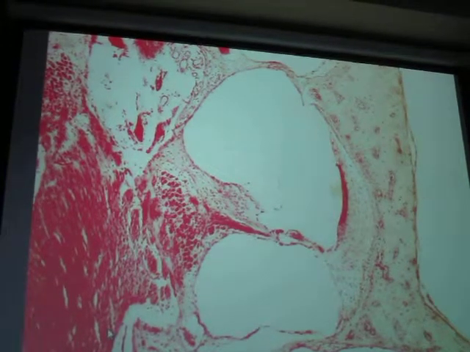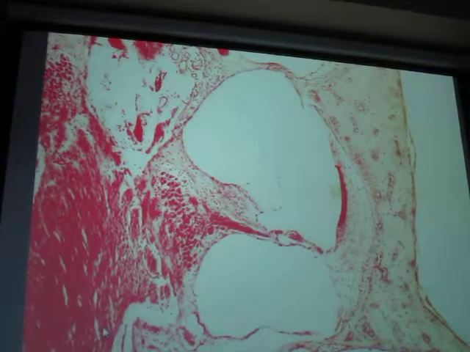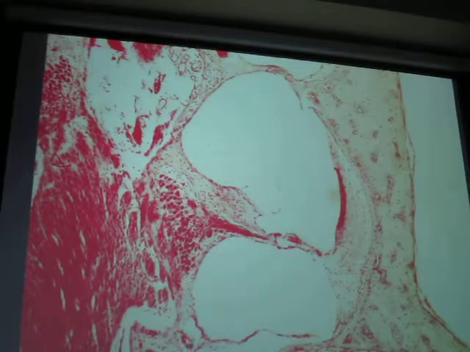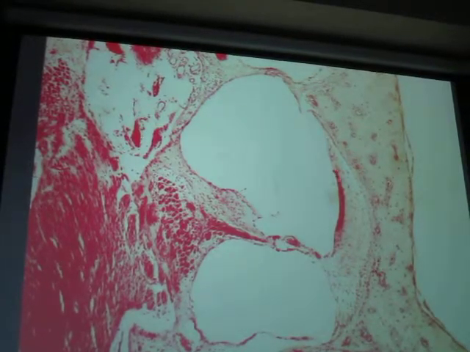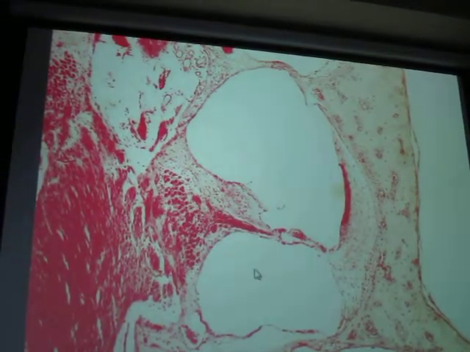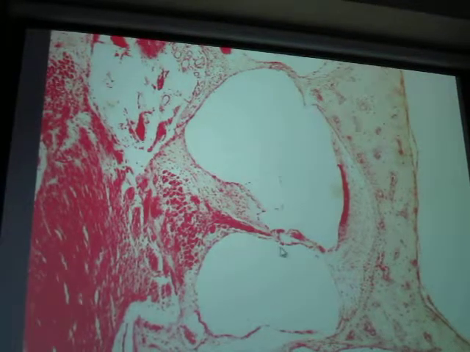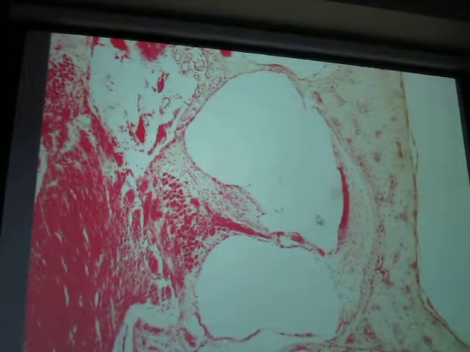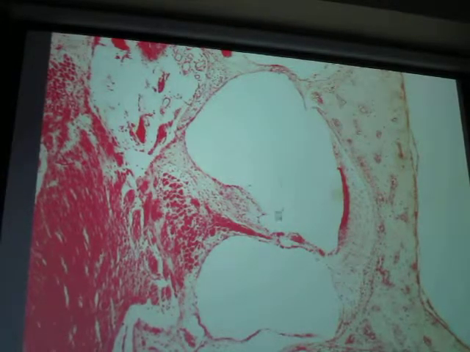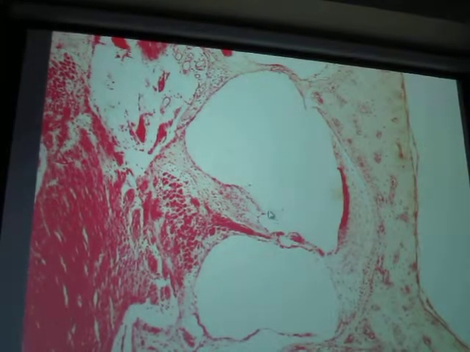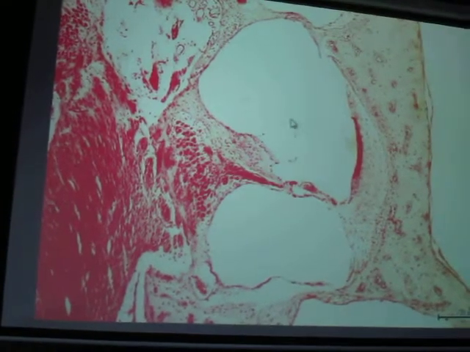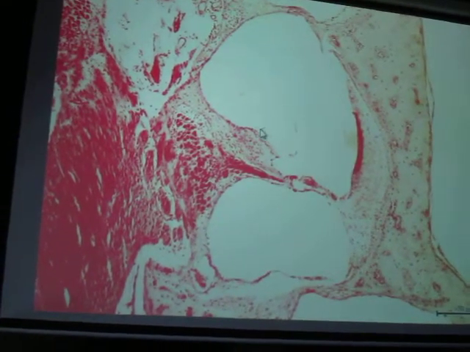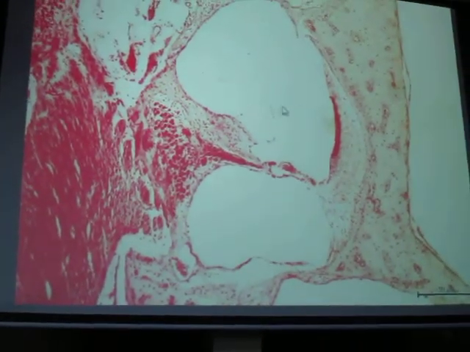So this is the basilar. The basilar membrane, the organ of Corti. The space here is the cochlear duct. This membrane here is your vestibular membrane or Reisner's membrane.